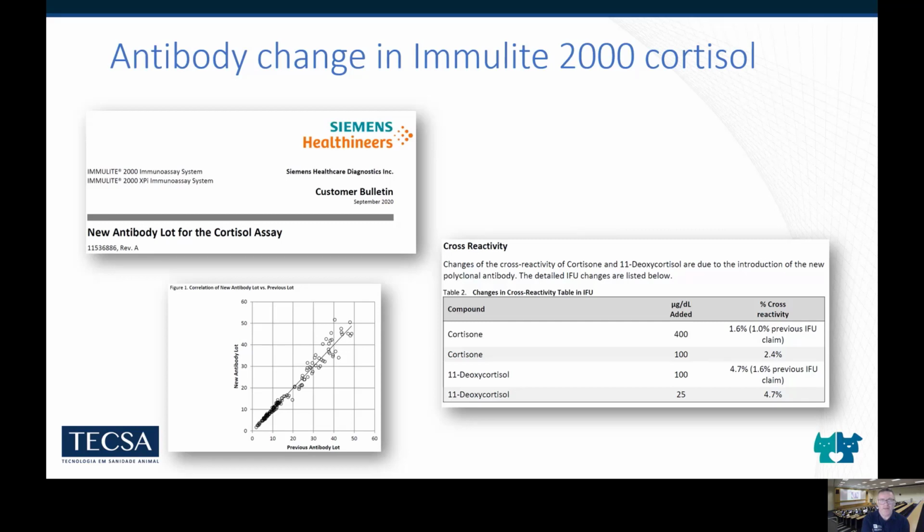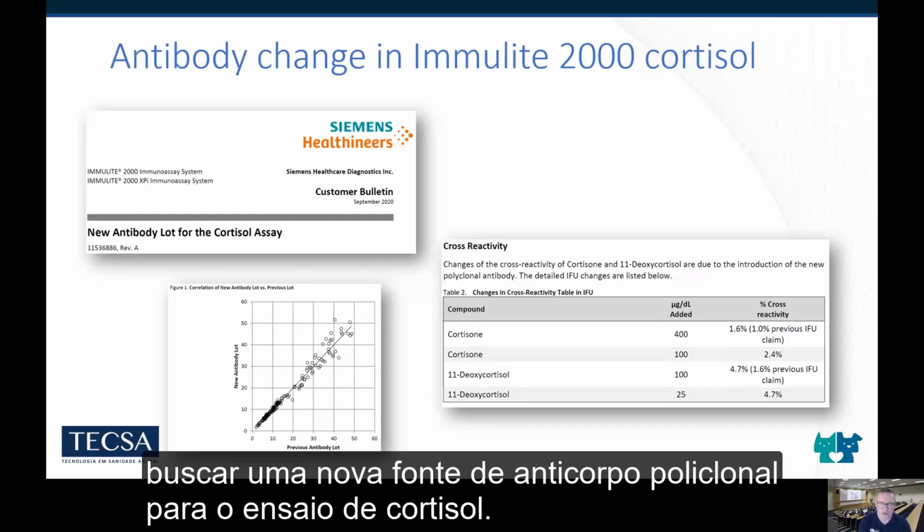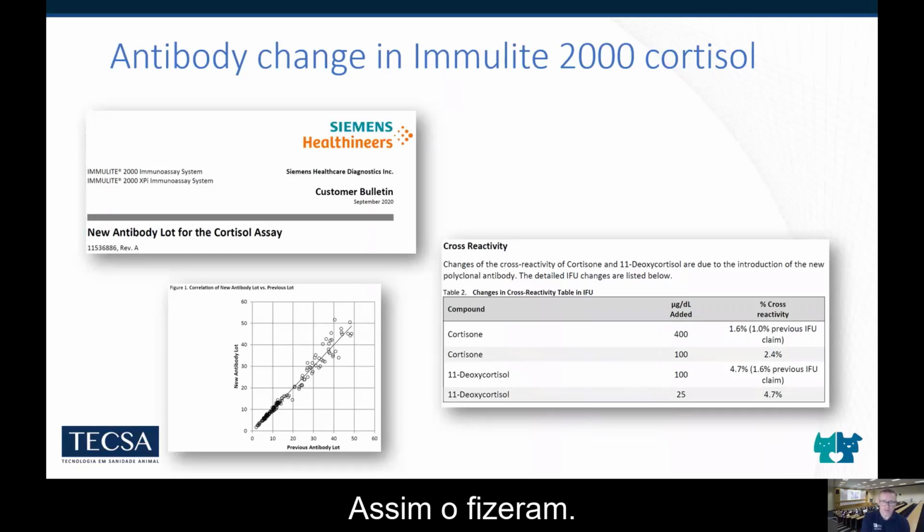But in the autumn of 2020, they ran out of the antibody that they had used for a long time, a polyclonal antibody, and they had to find a new source of polyclonal antibody to continue to make a cortisol assay, which they did. They checked how the previous antibody worked against the new antibody and found that it worked really very equivalently in human samples.